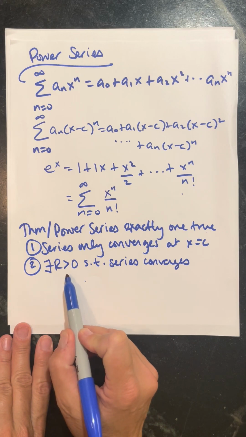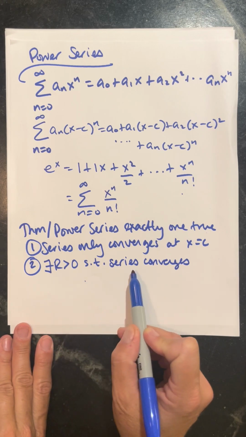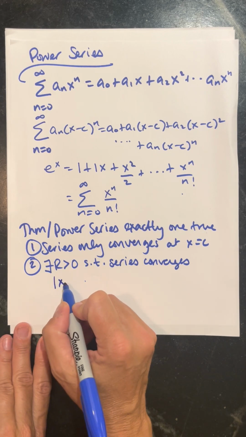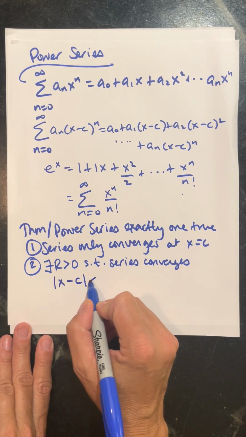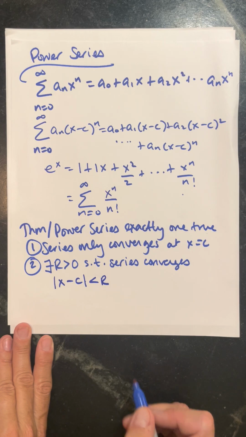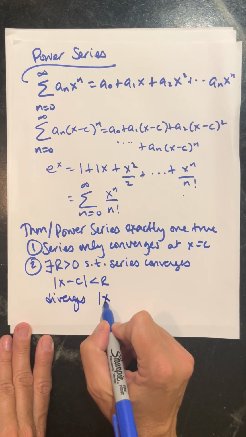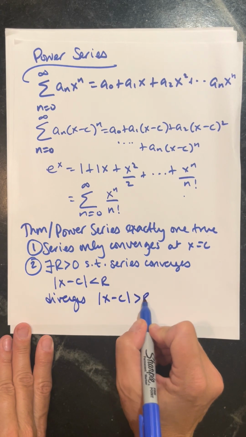So there exists some R greater than 0 such that the series converges whenever the absolute value of x minus c is less than R. And it diverges when the absolute value of x minus c is greater than R.